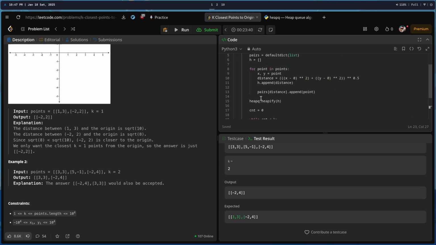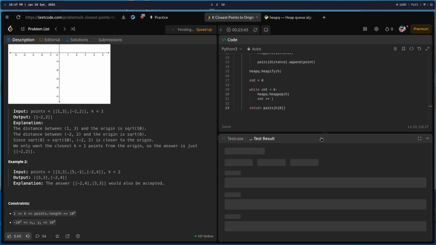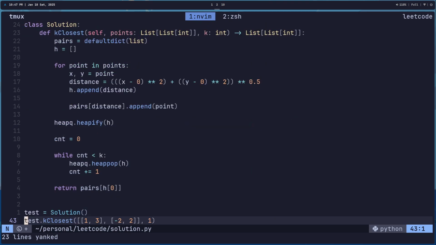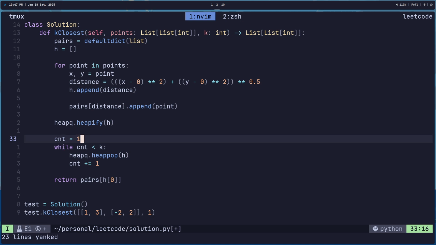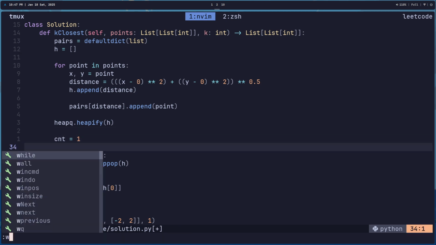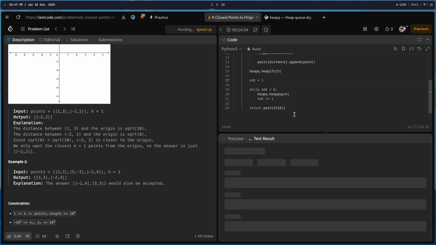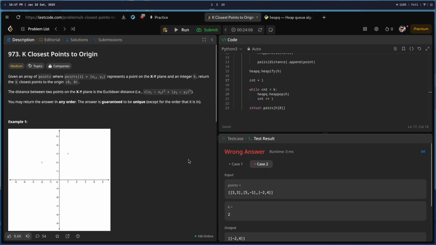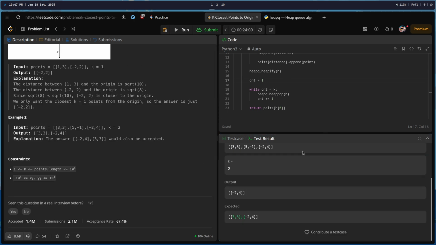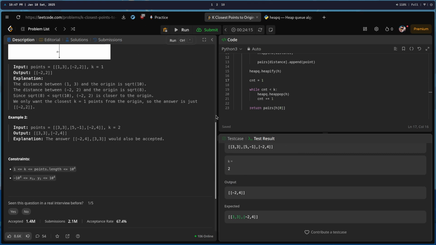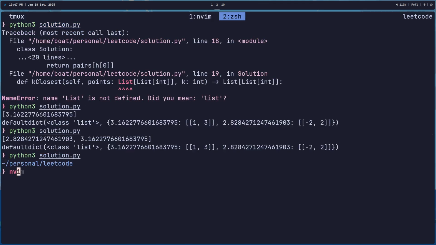I don't know. Oh wow, it's very different. It's kind of the same thing. Okay, yeah, the logic was the same. I think my popping is wrong. Let me double check.